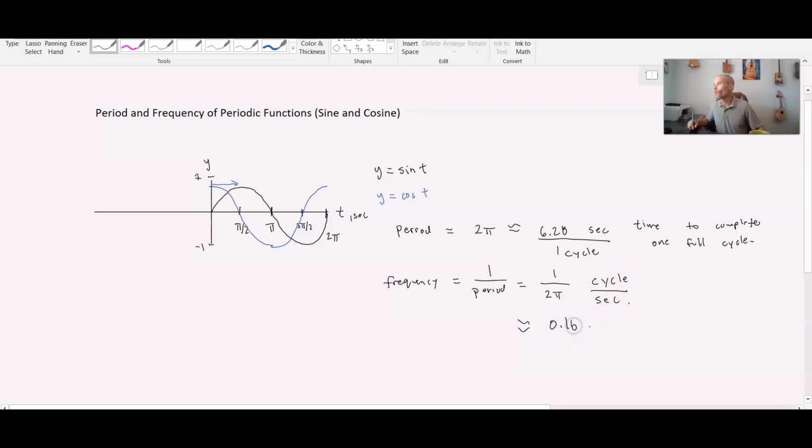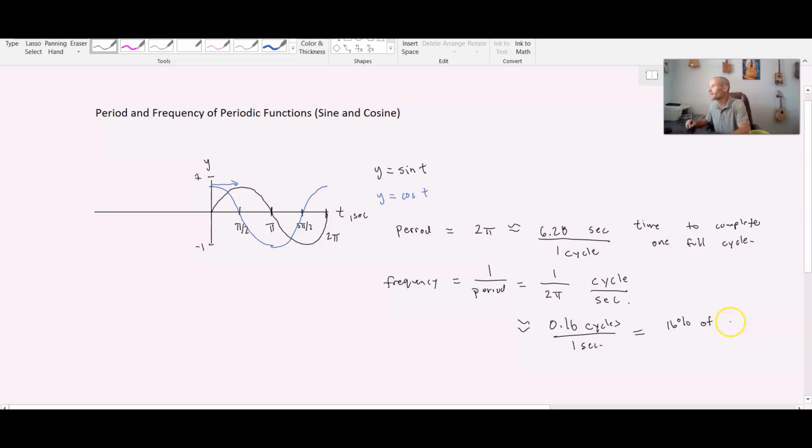So that's 0.16 cycles per 1 second. So in other words, I could think about this as analogous to saying 16% of a cycle in 1 second.